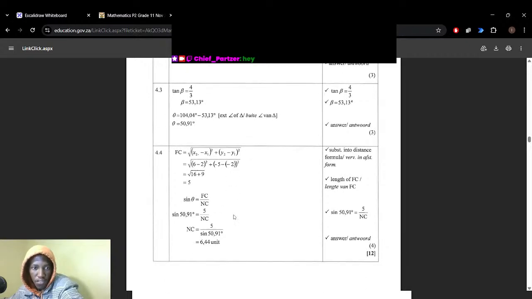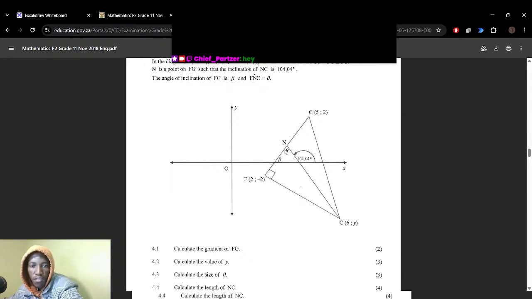And then we, right. So in this case, it is not stated that N is the midpoint, so we can't use the straight line distance formula directly, because we don't know the points of N, but we can use trigonometric functions, yeah?